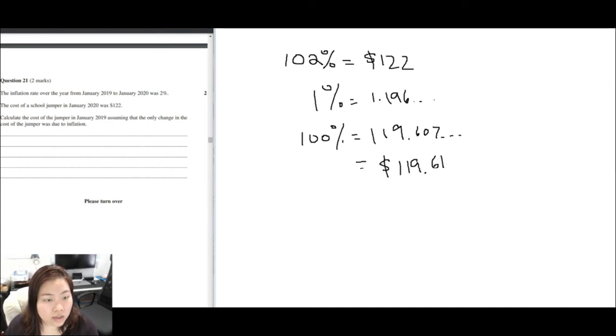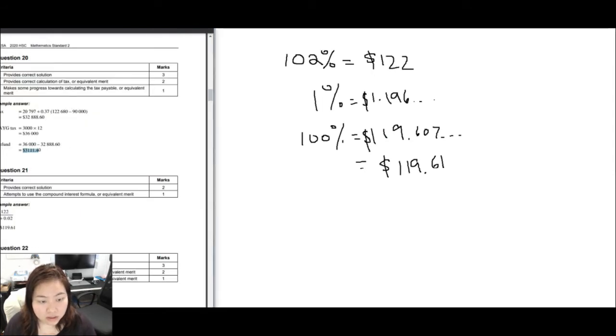That's worth 2 marks, I think. Calculate the cost of jumper in 2019, assuming no changes due to inflation. It should be less than 122, which it is. I'm happy with that. Let's find out. 119.61. Very good.